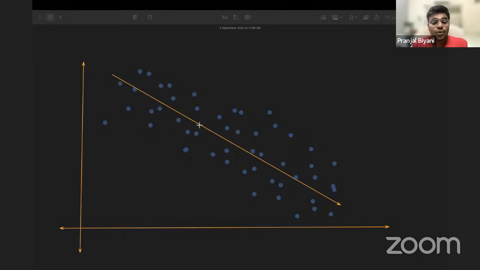When I increase one thing, the other thing decreases. If you do more of something, you get less of the other. For example, if you eat more junk food, your health deteriorates. If you smoke a lot, your health deteriorates. So it has an inverse relationship.